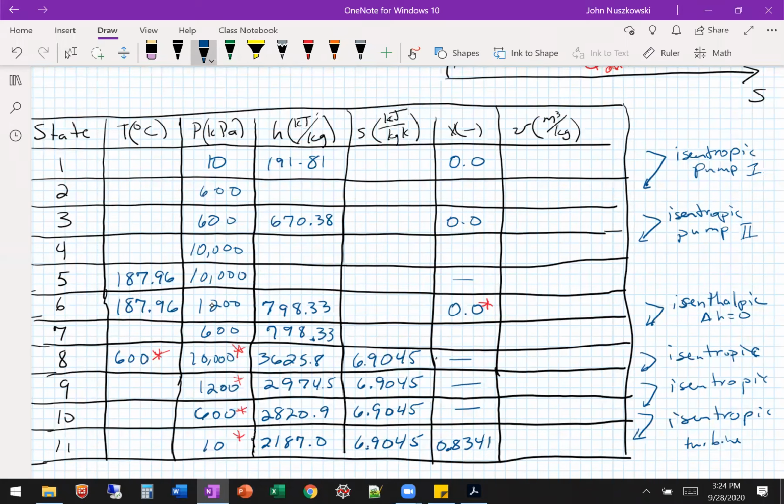So what we end up finding is we approximate for a compressed liquid at the saturation temperature conditions what that enthalpy is. Well, if you look up the enthalpy for a saturated liquid at 187.96, it's the same as we have for state 6, because the saturated liquid at that temperature is this. So we'll end up having the same enthalpy there.